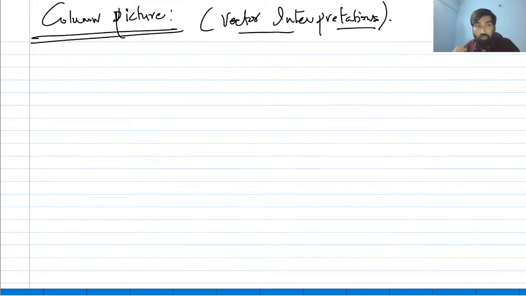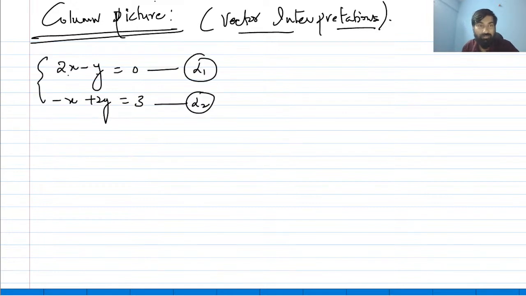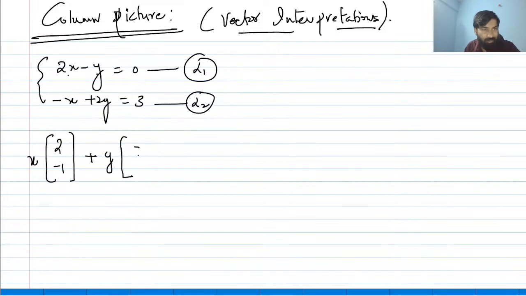Okay. So you see here we are going to take the same equations again. These two equations we have taken. Now I'm going to write these coefficients in a different manner. Here we are collecting 2 and minus 1, and we are writing x here. x times the coefficient of x only, separately, plus y times the coefficient of y, that is minus 1 and 2, and this is 0 and 3.